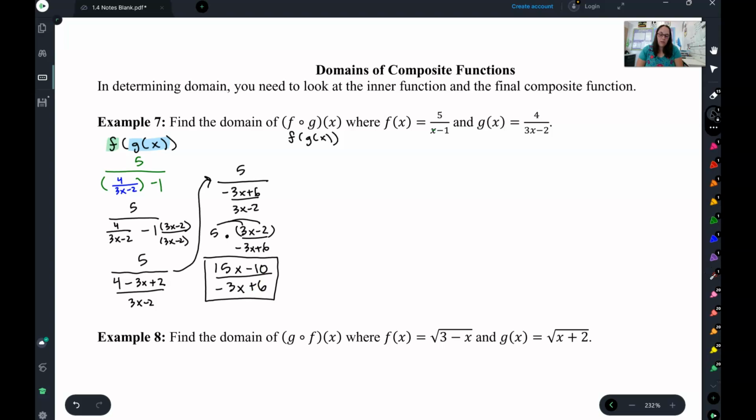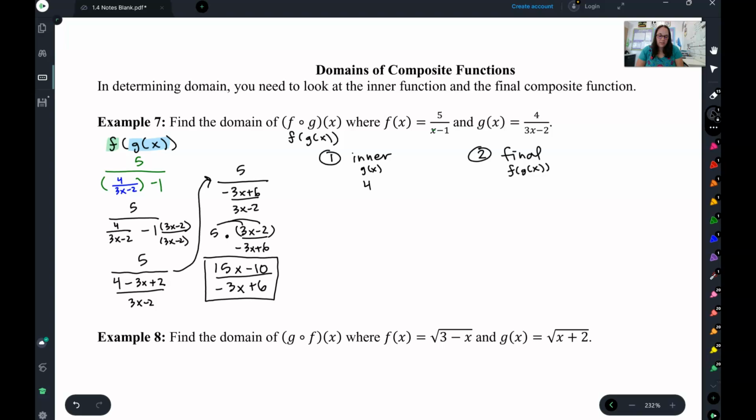So we need to look at two things. First, I need to do the domain of the inner function, which in this case is g of x. Then I need to look at the domain of the final function, which is my f of g of x. So let's list both these things.